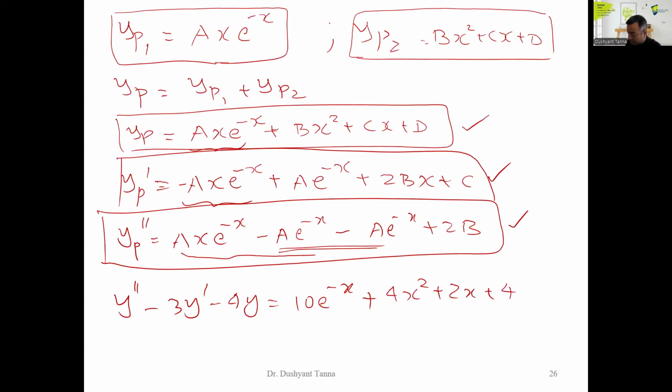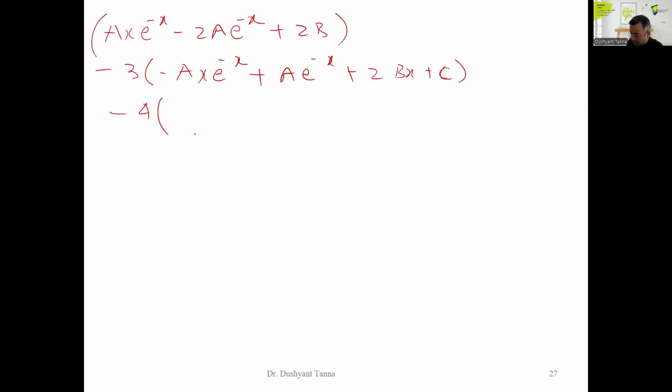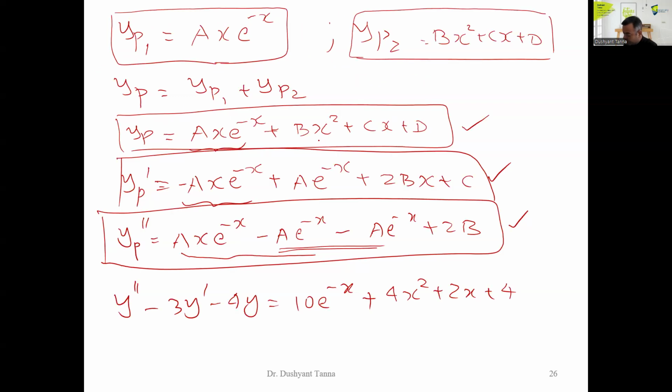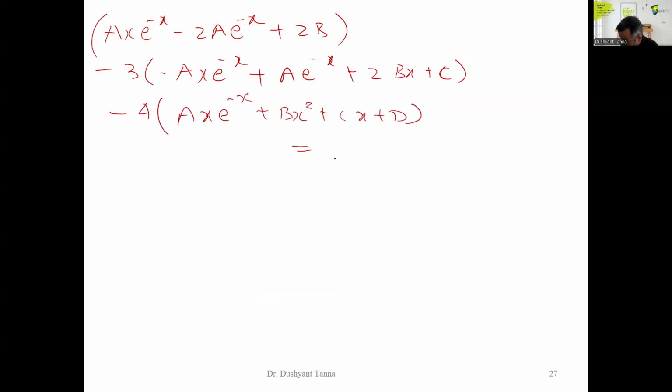What is our y? It is this one, Ax e raised to minus x plus Bx squared plus Cx plus D, equals the same as the right hand side, same e raised to minus x, 4x squared, 2x and 4. When you combine it in a way so it's easy to compare.